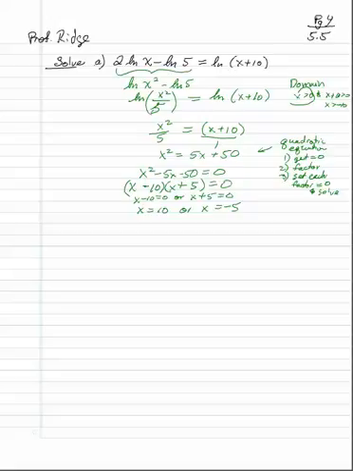Okay? So x equals -5 is no good. When you put it in, you'll get an undefined term, which is no good. So we just have x equals 10. And again, if you want to check it, plug it in, work it out, you should get the same number on both sides.